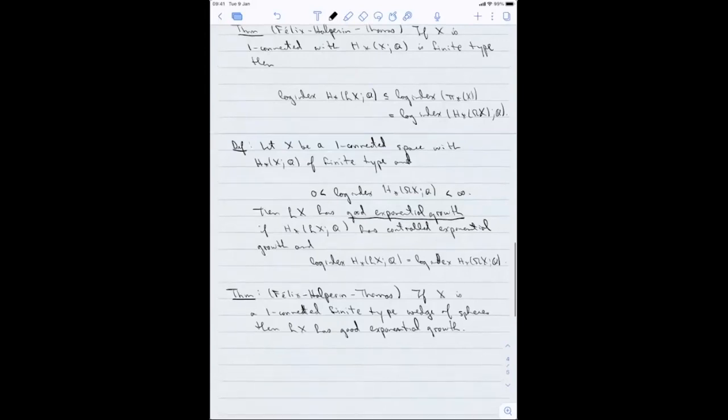Okay, so I guess if you've got a wedge of spheres and you look at even the base loop space, right, then you know from the Hilton-Milnor theorem that that's this infinite product of spheres of arbitrarily high dimension, and it's rationally hyperbolic.